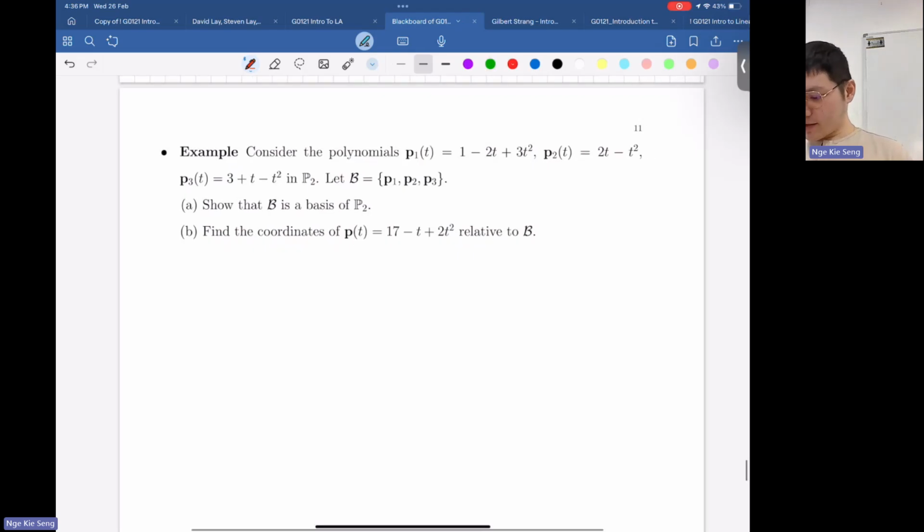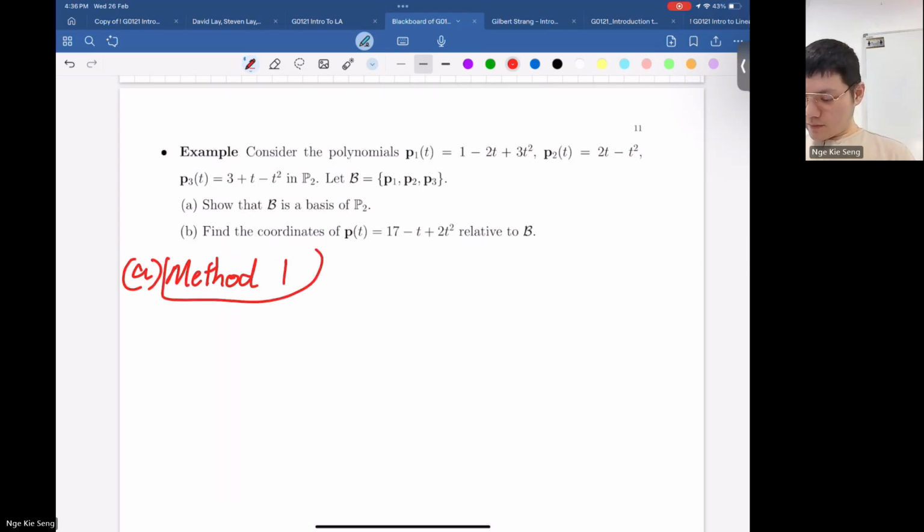Let's use method 1 again, the first principle.